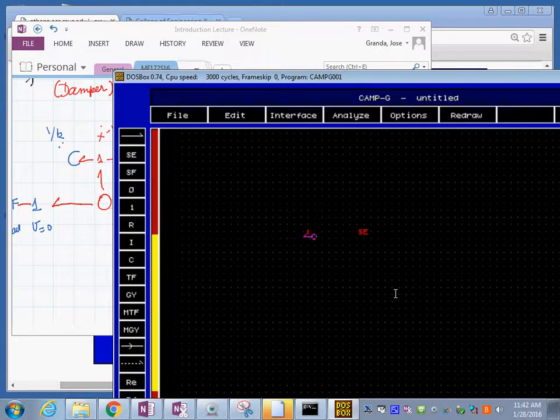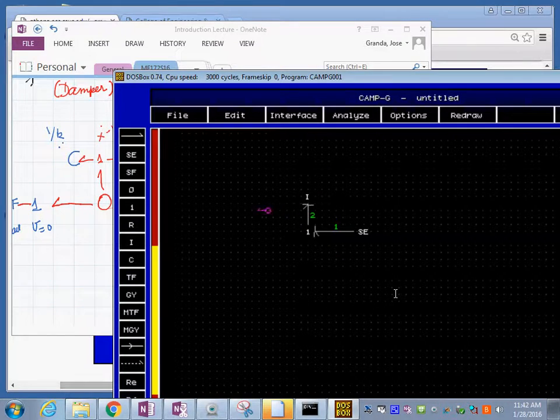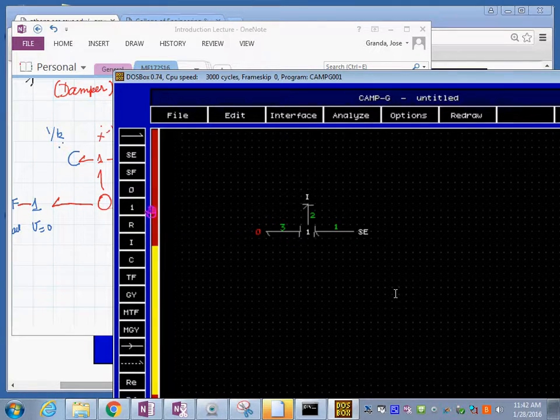So in here, I could put this element in here, and you will see that it is pretty easy. You could just draw it like this, and then you have the I element over here. Remember, the 0 was in here, and then we had another 1 element over here like this, and then we had the C element like this, and then you had the R element over here, and then you had the SF element over here.